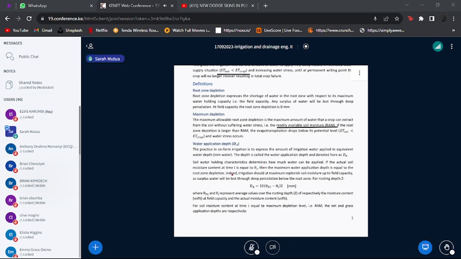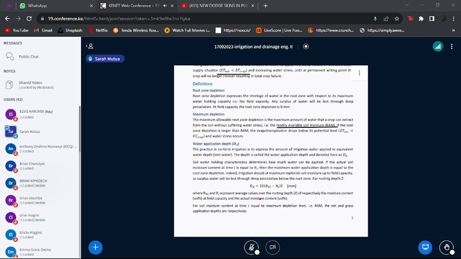Now, let's say for a particular given time step I, the moisture content is equal to a certain value theta I. Then the maximum water application depth is equal to the root zone depletion, which I've already explained. It is theta FC minus the moisture content at that particular moment.